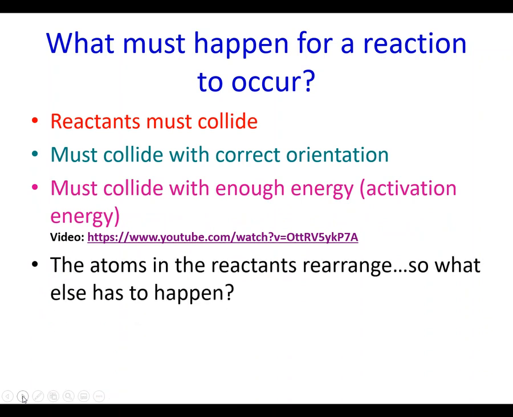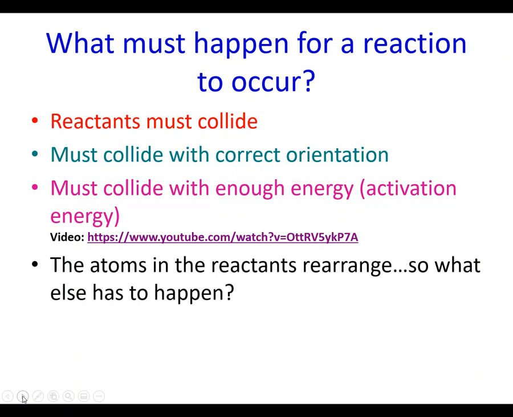Collision theory, really going back over this just briefly, is because in order to understand bond enthalpy, we have to know the process going on in the reaction. So if they're colliding in the right orientation with enough energy, that initiates the bond breaking process.